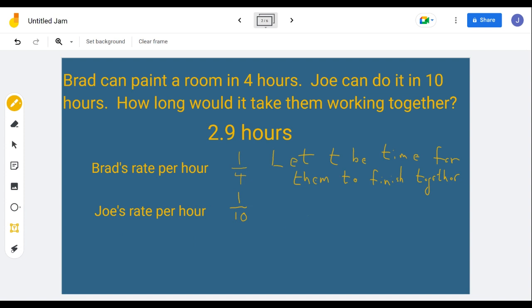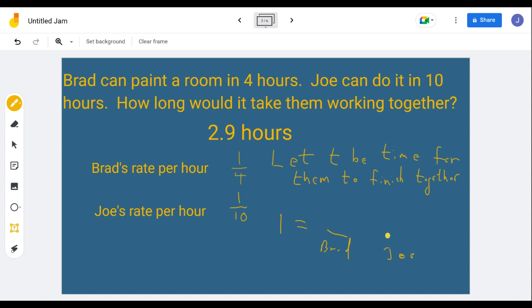Think of completing the room as 1. The whole is the sum of its parts, so it's always a fraction of one in these problems. So 1 is going to be Brad's part plus Joe's part.